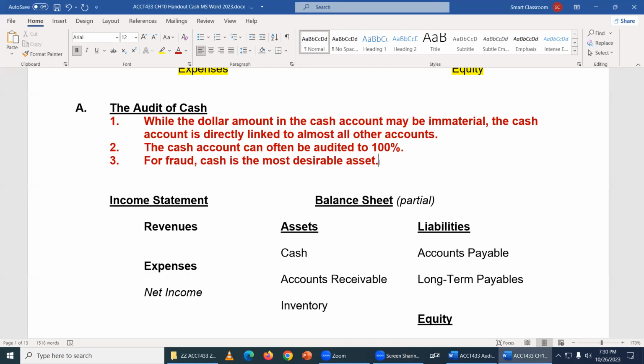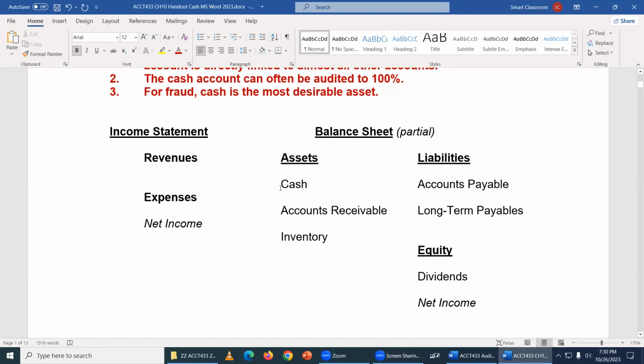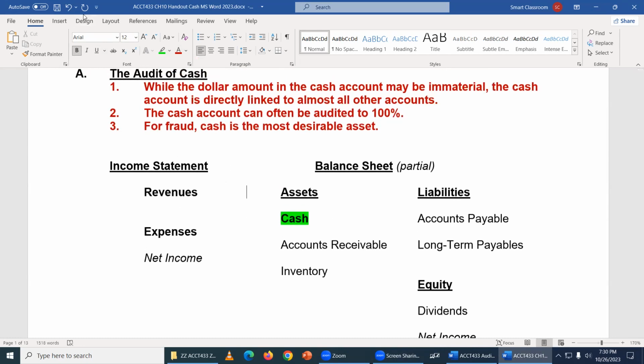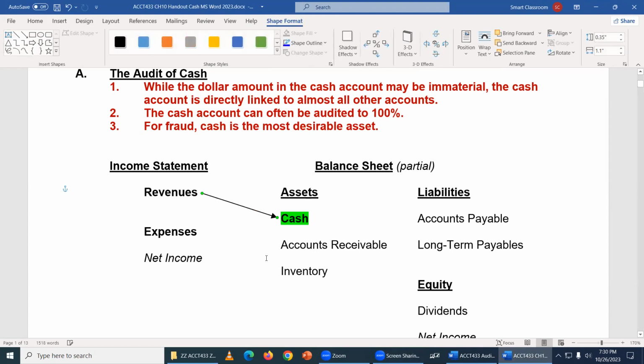Okay, so this idea that cash is directly related to all the other accounts. If we come down here and look at this cash account, almost all these other accounts will be related to it. For instance, we might have cash sales that go directly into cash.